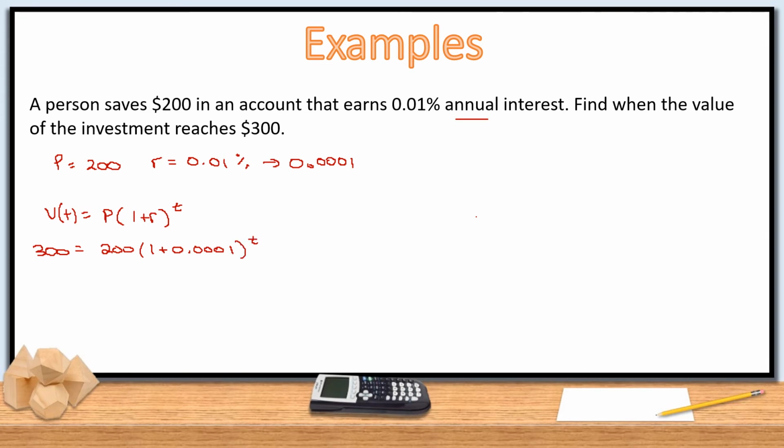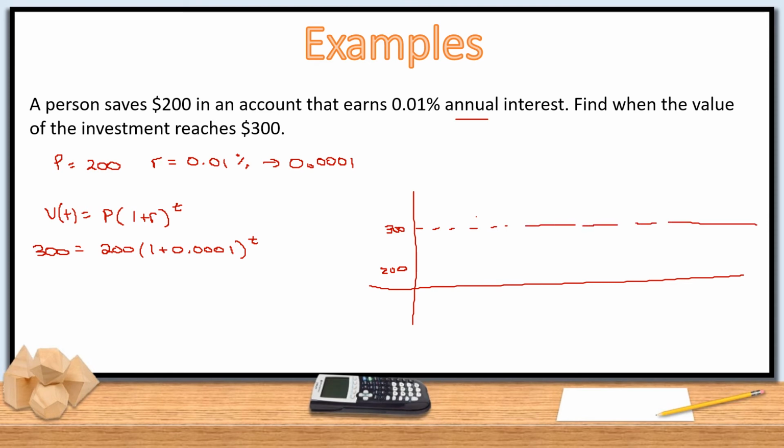So this is one where you're going to graph it, and you're going to need a very long runway for x, because this thing is going to grow like a snail. So 200, 300, dot, dot, dot. You will see this thing start at 200, and it'll look like nothing's happening, and it's just taking its sweet time.